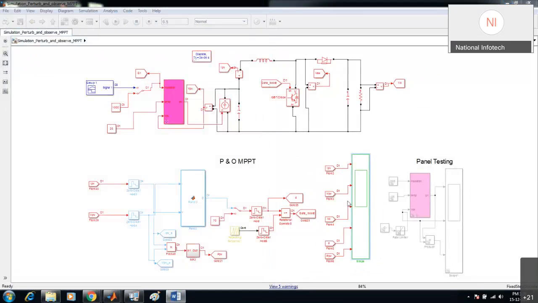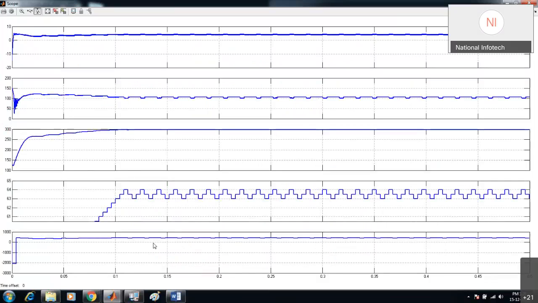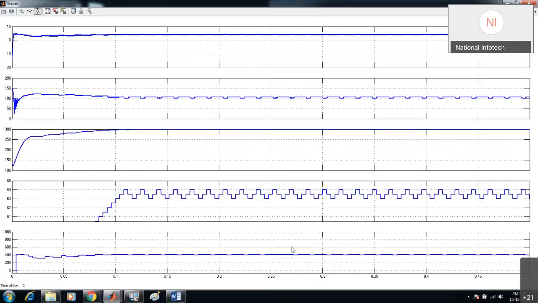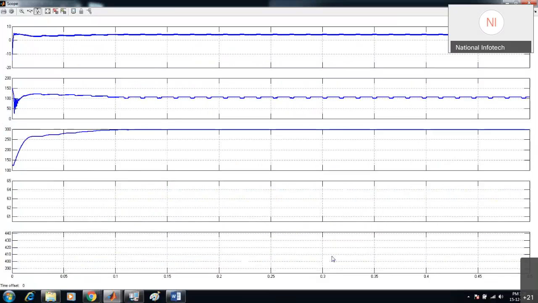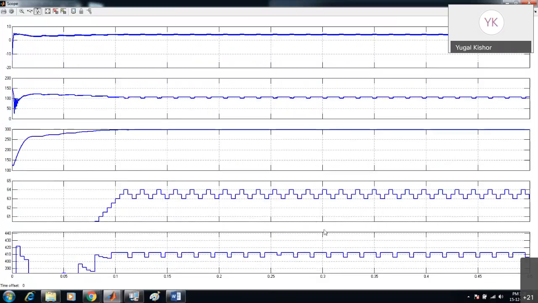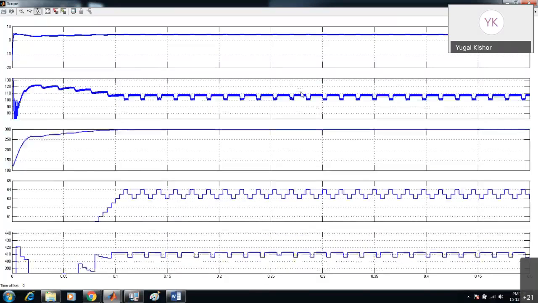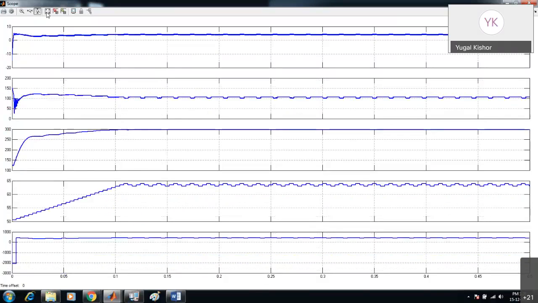Sir, I have one question. If we see the second graph, initially the power is going down. What is the reason behind that, sir? Yes, that is some issue with MATLAB itself.